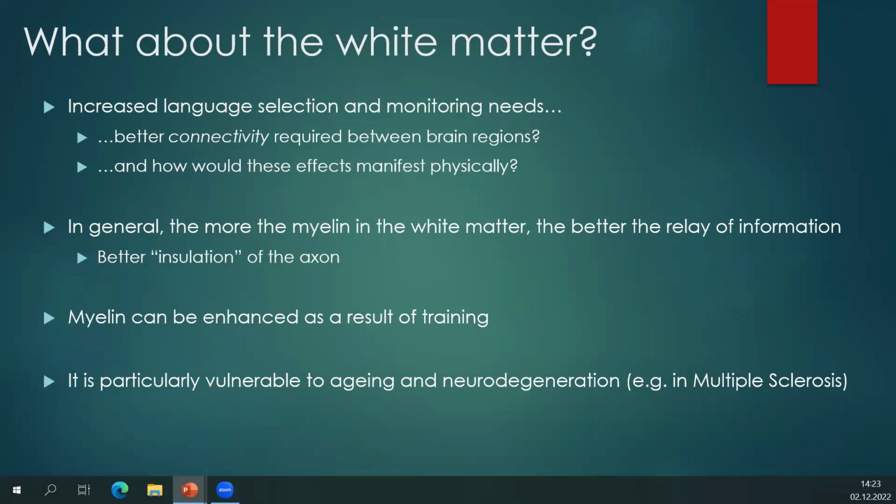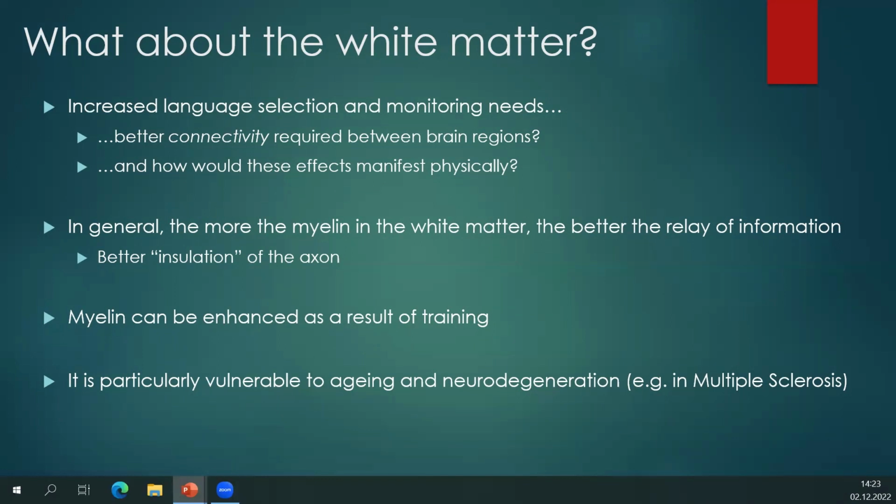So, what about the white matter? Increased language selection and monitoring needs better connectivity between brain regions. And so, how would this manifest in terms of increase? We know that the more myelin, white matter, the better is the relay of information between brain regions, right?